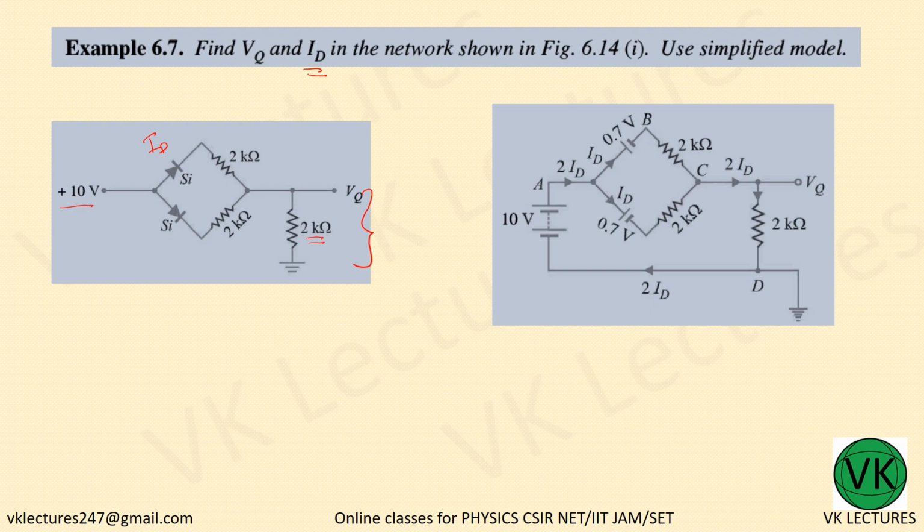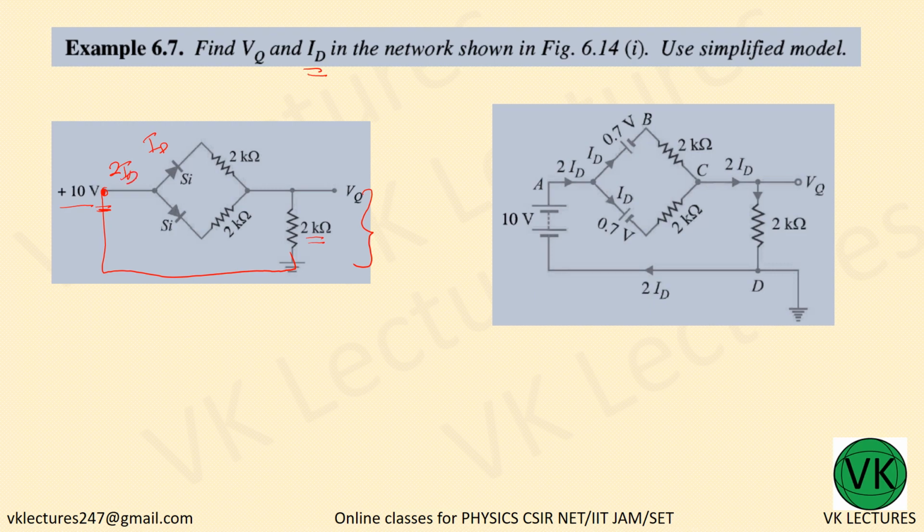Now in the beginning we have to consider an equivalent circuit for this with a loop. The plus voltage is here, the other end, the negative terminal, is connected to the ground. Now you have an equivalent circuit here. Now 2 times ID current is passing, 2 ID current is passing.